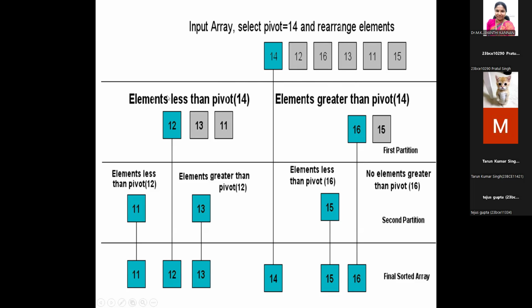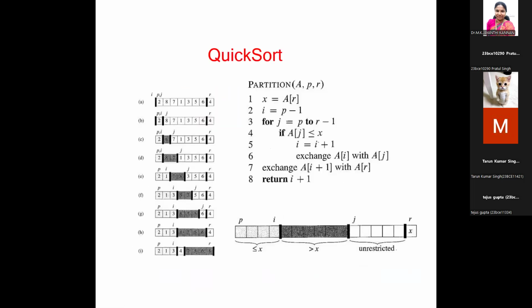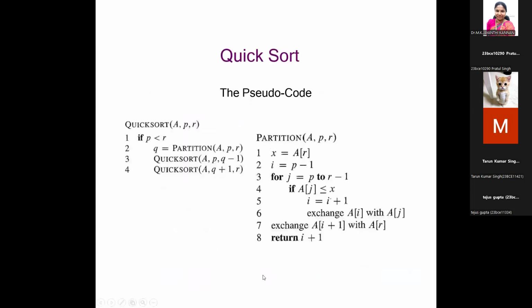Then we need to call for the partition with respect to the pivot, and we will call the quick sort for the numbers less than pivot and once again for the numbers greater than pivot. As per the pseudocode, you can easily understand.